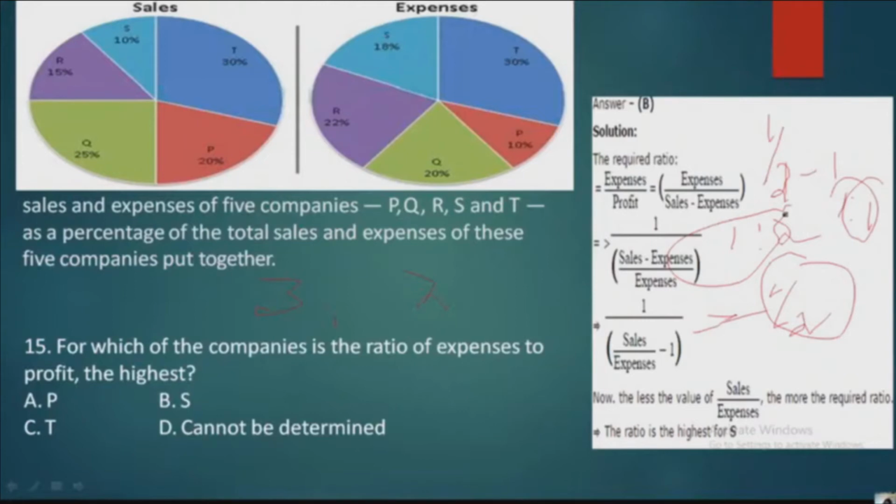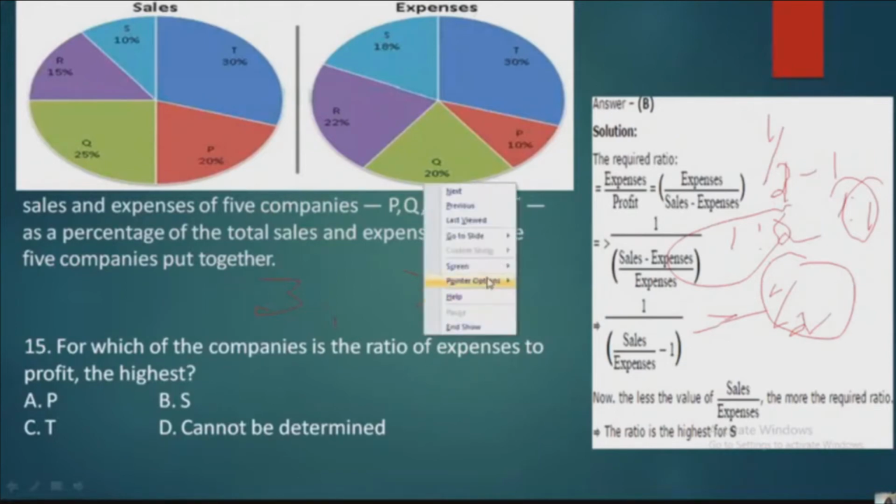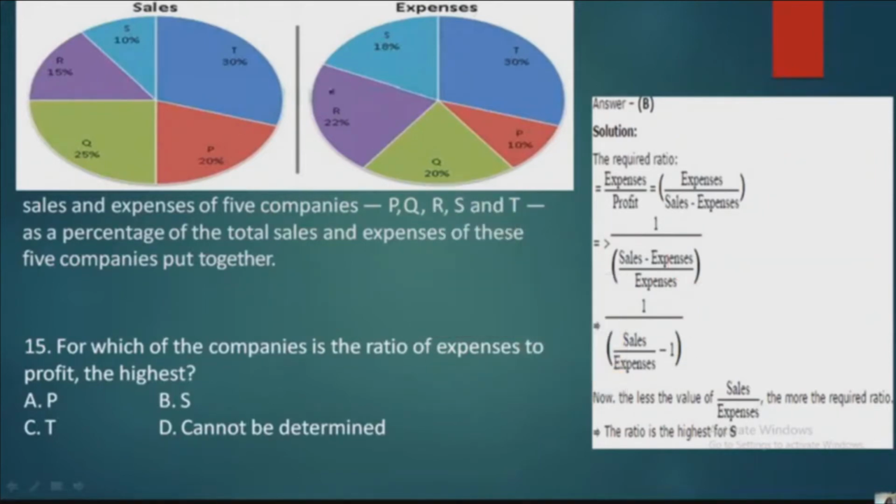So you have to find in which of the companies sales by expense is less. So let us see companies where sales divided by expenses is less.